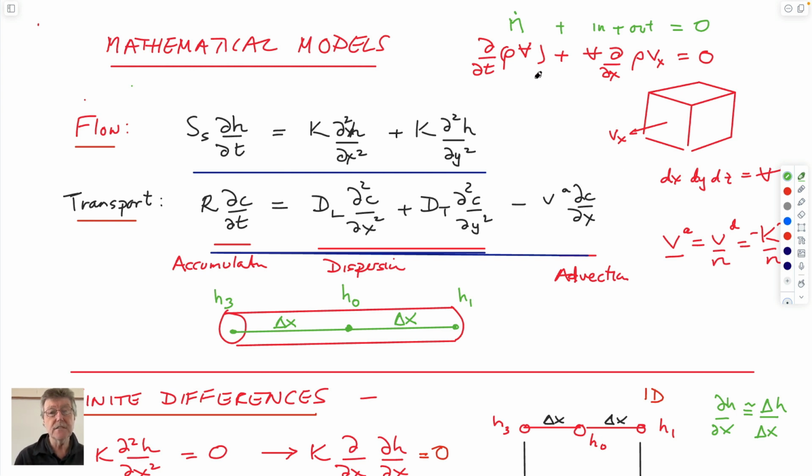In this equation, V is volume, this is flow velocity, this is density of water. If you throw Darcy's law in, where velocity in the x direction is equal to hydraulic conductivity times dH/dx, into here, and you mess around with it, you absolutely get this.